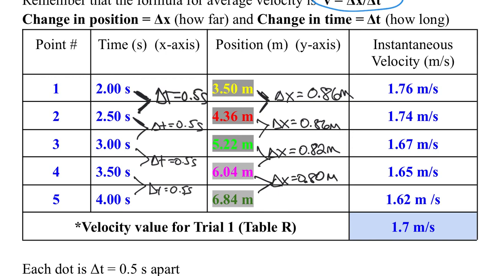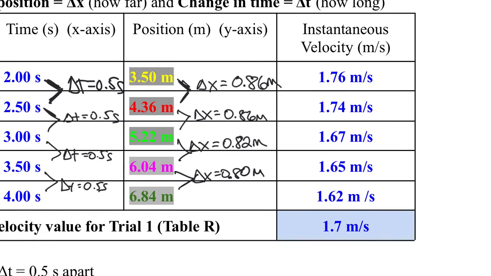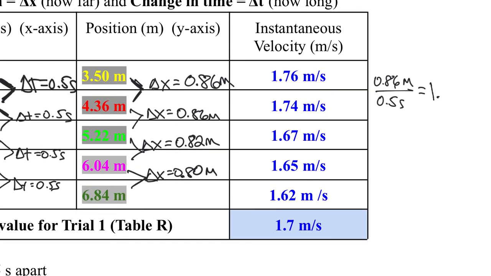Now we can even make sure these numbers are right. Grab one of these delta x's and delta t's. So 0.86 meters divided by 0.5 seconds is 1.72 meters per second. So that's pretty close.